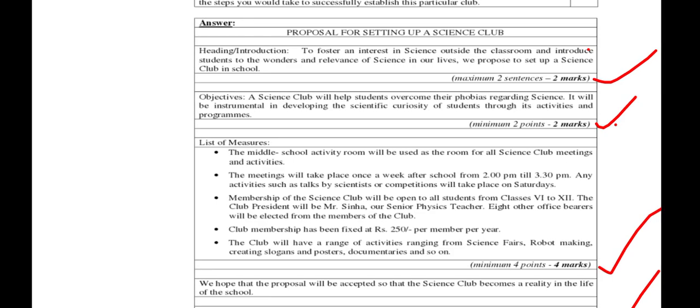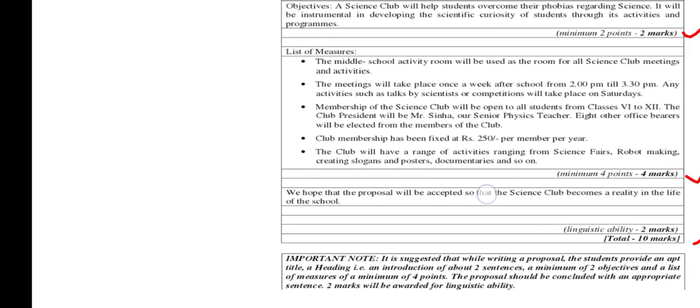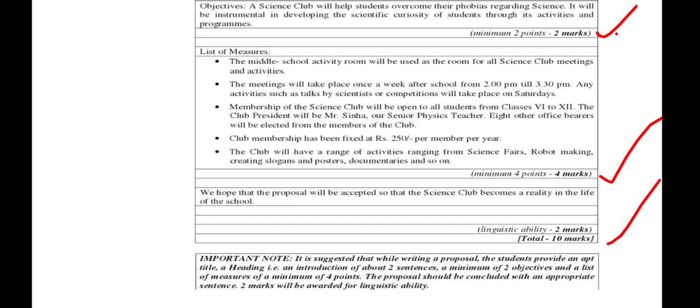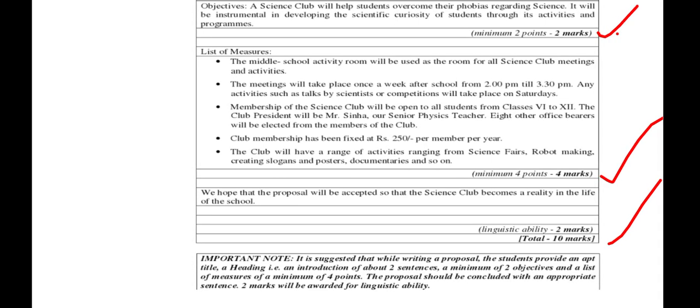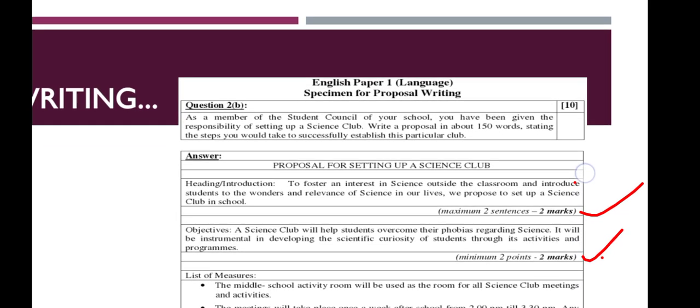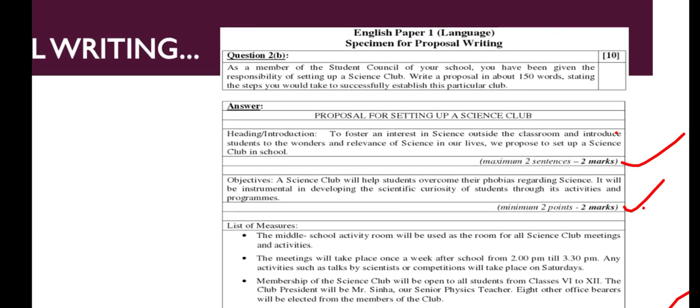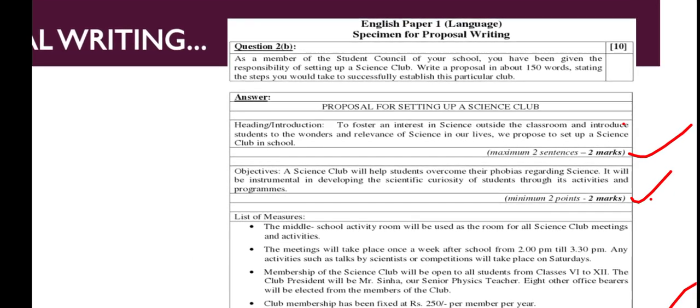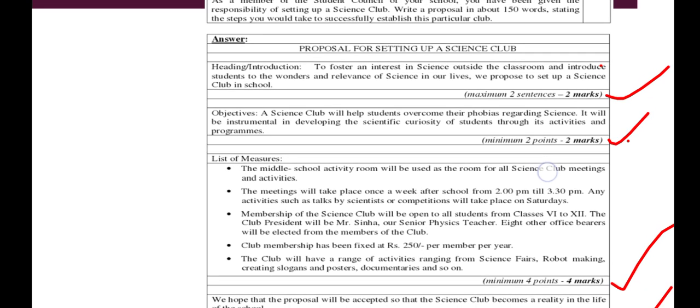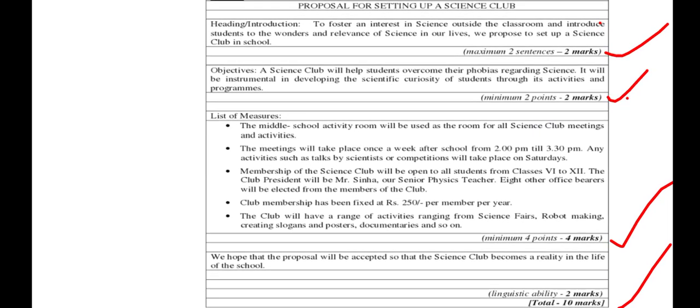Okay, this would be of total 10 marks, as I told you. This is 2 marks, this is 4, so 8 marks, and this 2, so 10 marks. So in total you would be having 10 marks for proposal writing. The first would be the small catchy heading, then your introduction, that why you are putting this. Next, the objective, that what are your objectives of keeping this thing.